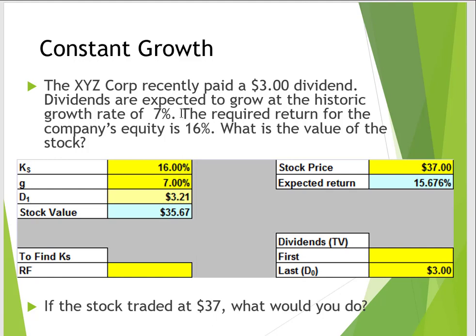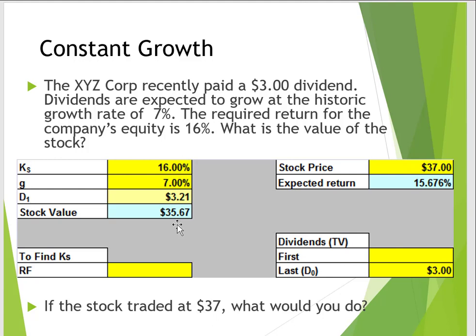So here we have a $3 dividend, which is what was recently paid. That goes in this cell down here for D0. The growth rate, 7%, you plug that in. Required return of 16%. So this stock has a value of $35.67. The current stock price is $37. Would you pay $37 to get $35?